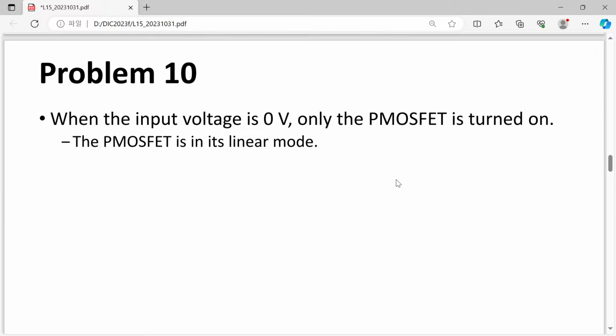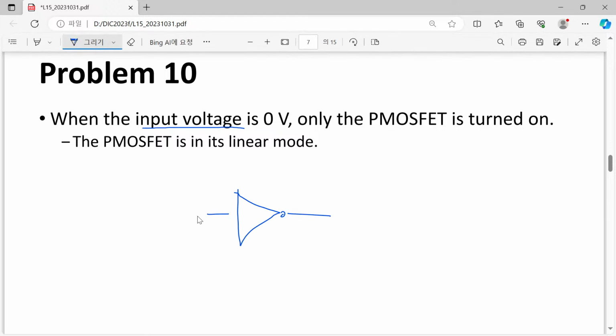Okay. And another problem is now problem number 10. We assume that our input voltage is 0. So now we have an inverter and input voltage is 0, so now we have VDD or logical 1 as an output.